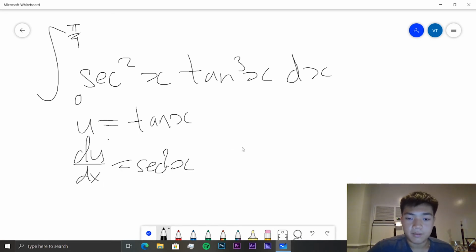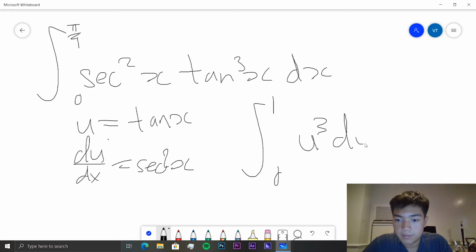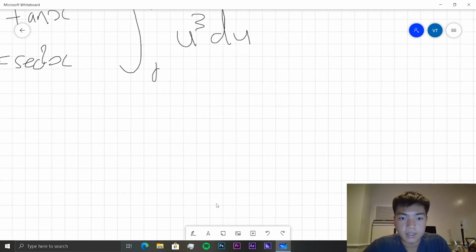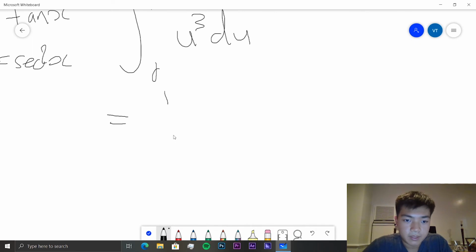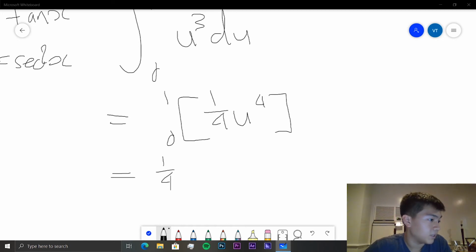So we have the limits of tan x: tan pi over 4 is 1, 0, of u cubed du. So this is equal to simply the limit between 1 and 0 of 1/4 u to the 4, which is equal to 1/4. And yeah, that's it. It's just 1/4. So yeah, that's correct.